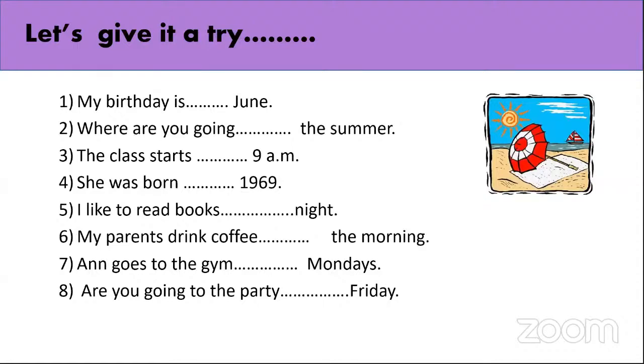Okay, shall we discuss? Number 1. What are the prepositions that we are going to use here? Prepositions of time. Only 3. I have given you only 3. For your grade, that is enough. In, on, at.